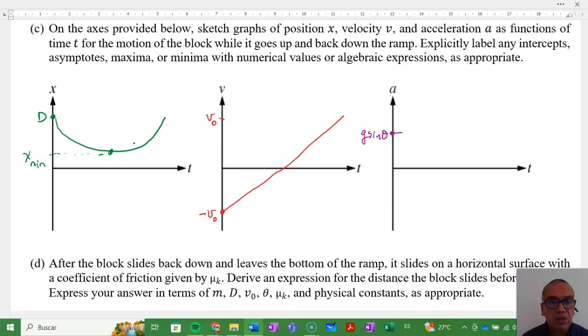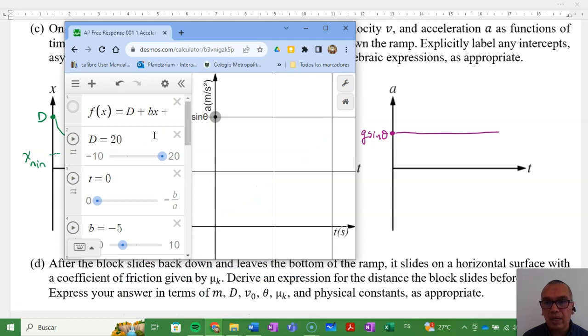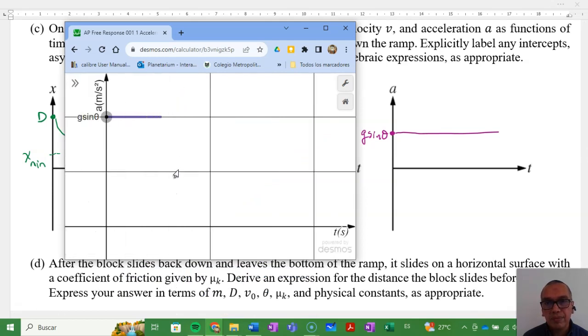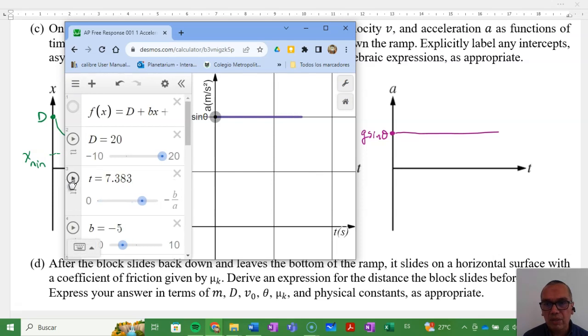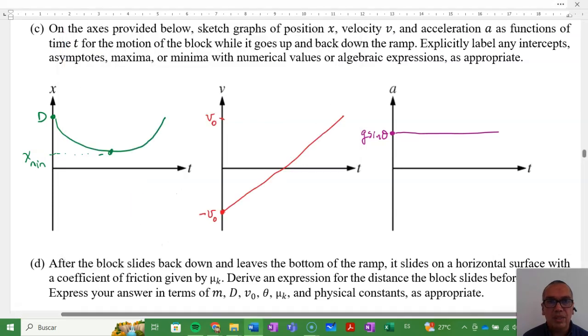Any constant function is a horizontal straight line, and so your acceleration should actually look like this. Starts out with one value and it continues with that value throughout the whole trip. So those are the graphs that we have for all the different quantities.